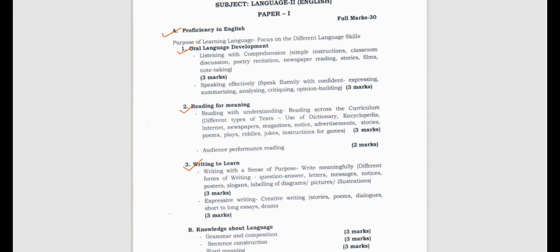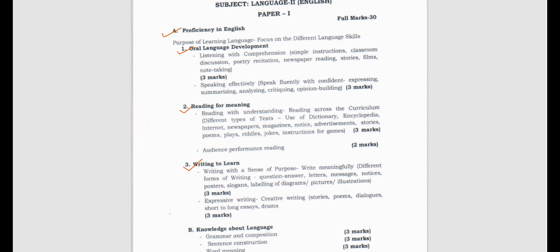That is called oral. So how is oral language developed? Listening with comprehension, simple instructions, classroom discussions, poetry recitations, newspaper reading, stories, films, note taking. All this will help in the development of oral language.